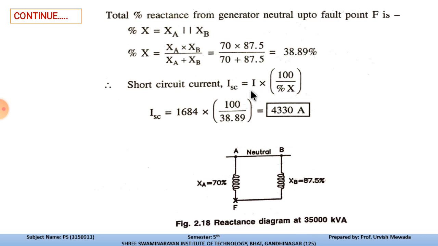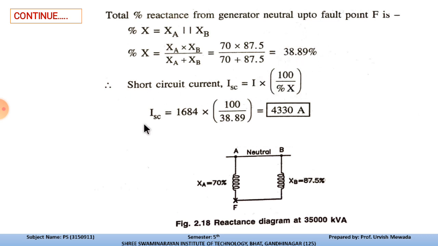Now for the short circuit current ISC, we have an equation: ISC is equal to I into 100 divided by percentage X. So now we have the value of percentage X. Just put in the values that we already determined. The value of I, the line current that we determined, is 1684, and the percentage X that we determined is 38.89.